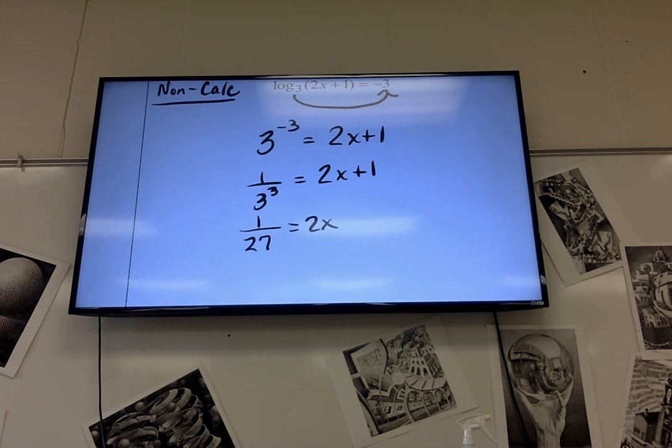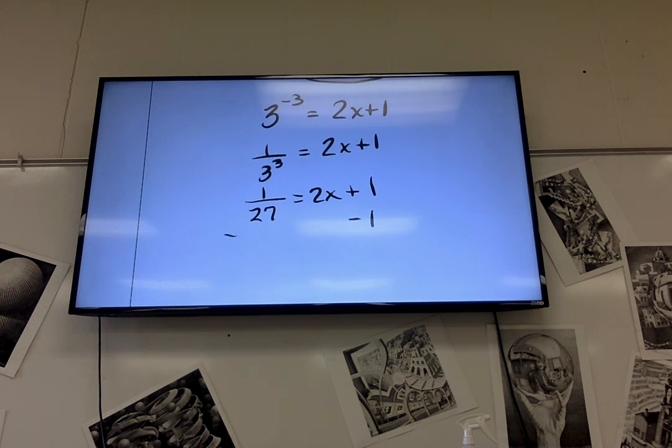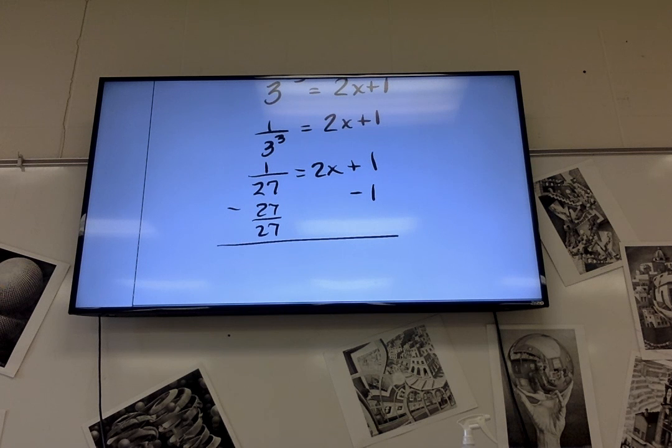Now this is just a regular old equation to solve. How would I solve this? Subtract 1. Now I want a common denominator, so I'm going to subtract 27 over 27. Do you agree that that's 1? Yeah? Okay. So 1 minus 27. Yeah. There you go.